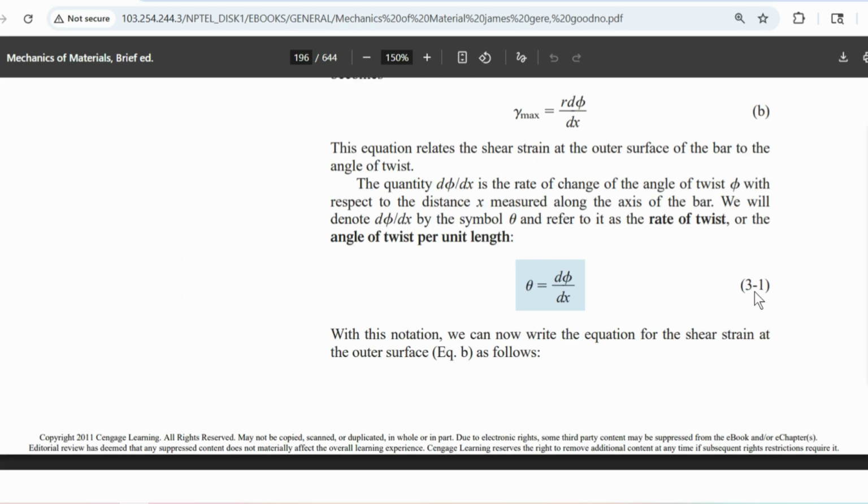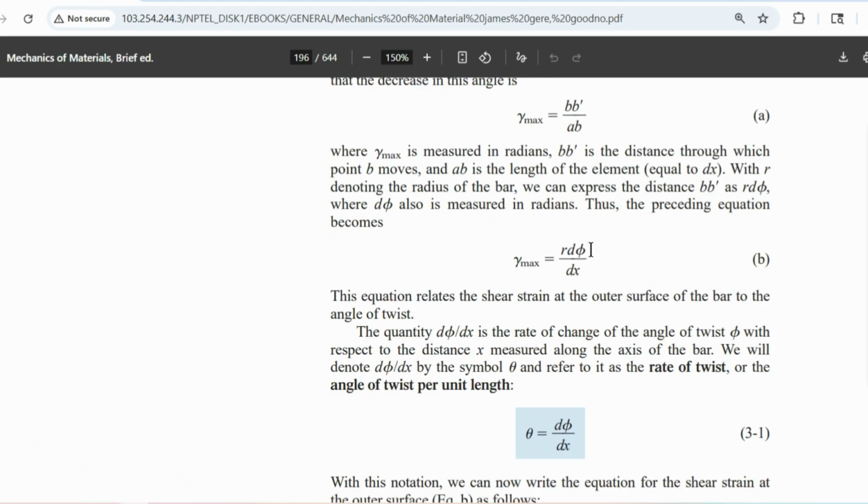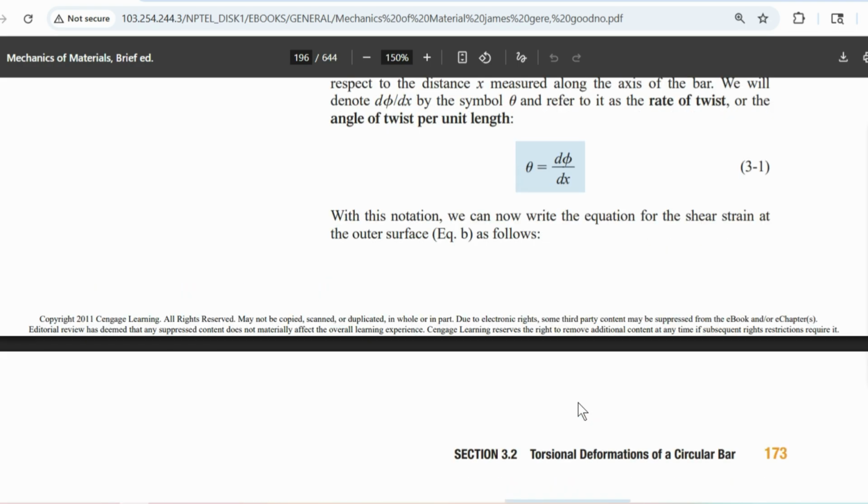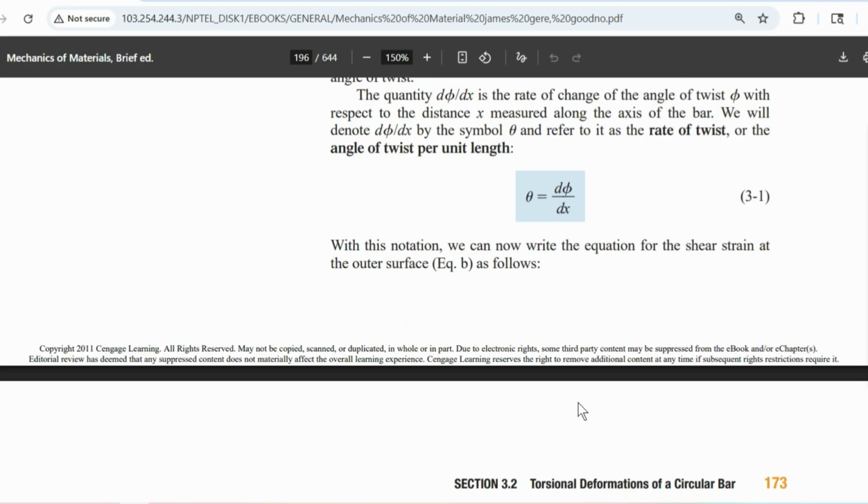This should be good, because now I'm not following. Okay, hell yeah. Well, let's just go back to this. So we're going to have gamma max. The maximum angle is r times theta, but theta is not an angle. It's a rate of twist. So this is twist rate, also called rate of twist, or the angle of twist per unit length.